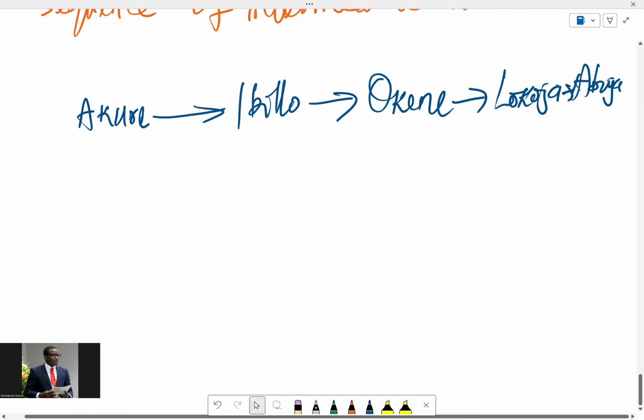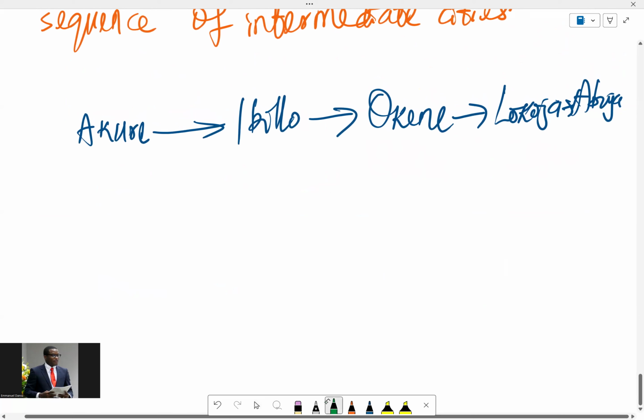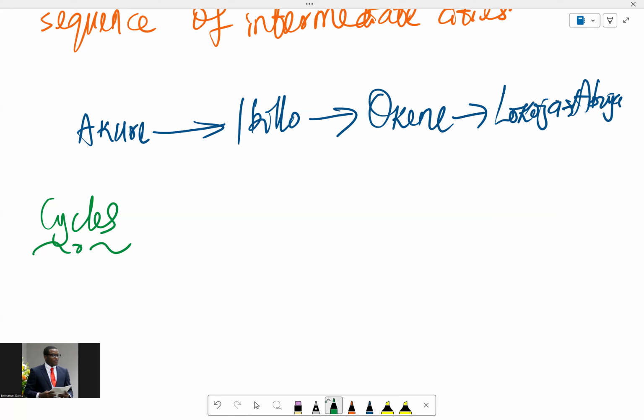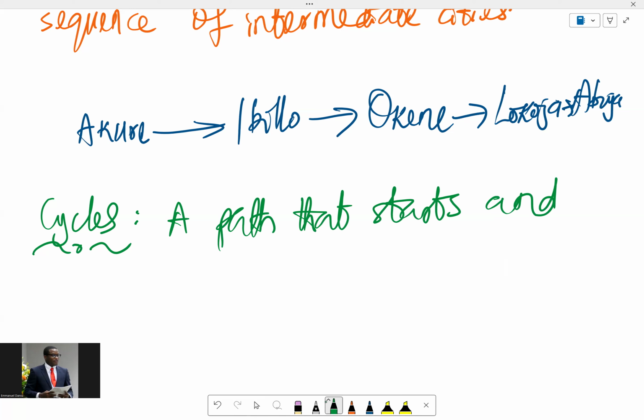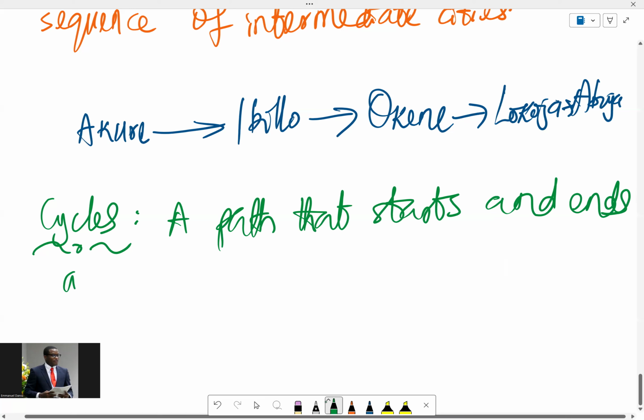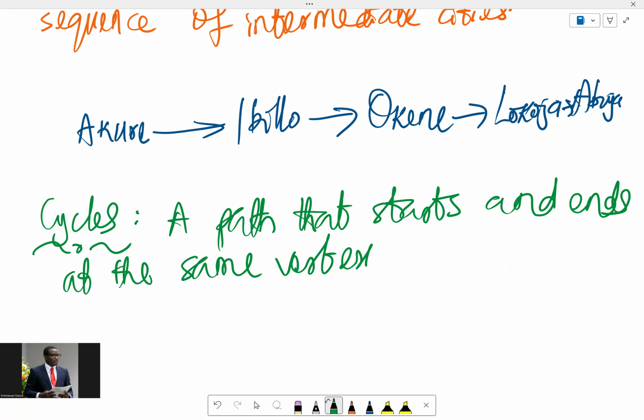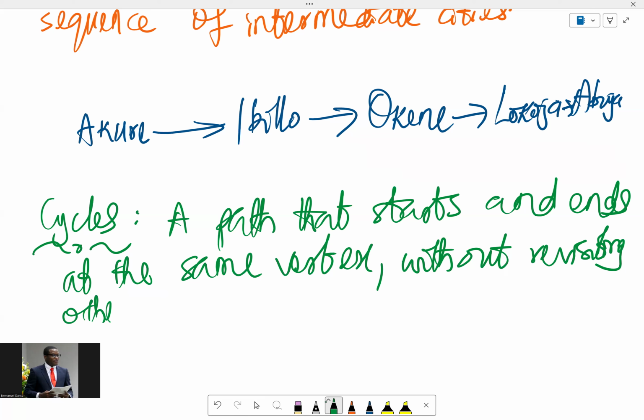Then that's a path. Let's talk about cycles. That's the next thing we want to talk about, because we're talking about cycles, paths, and connectivity. So a cycle is actually a path that starts and ends at the same vertex, without revisiting other vertices.